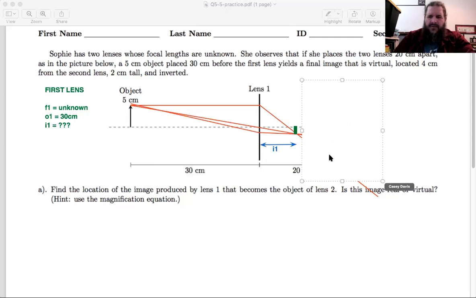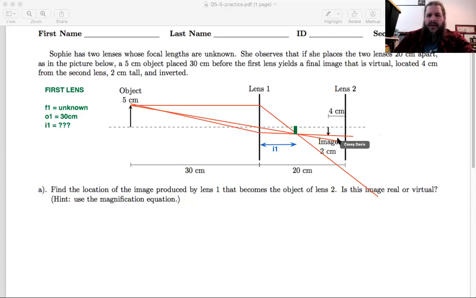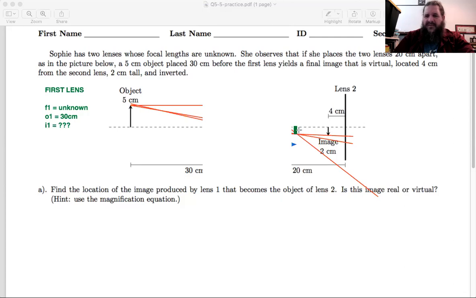But yeah, we know that what's going to happen next is these rays of light hit lens 2. And for purposes of lens 2, we can now ignore everything that happened before this and treat the image from lens 1 as if it's the new object for lens 2. This is really the key to any multiple lens or multiple mirror setup. The first mirror or lens turns the original object, the actual physical object, into an image.